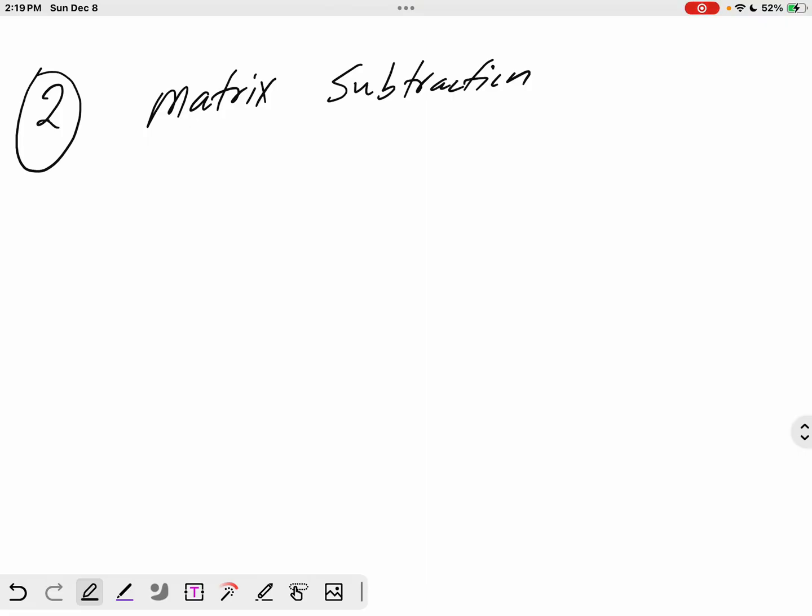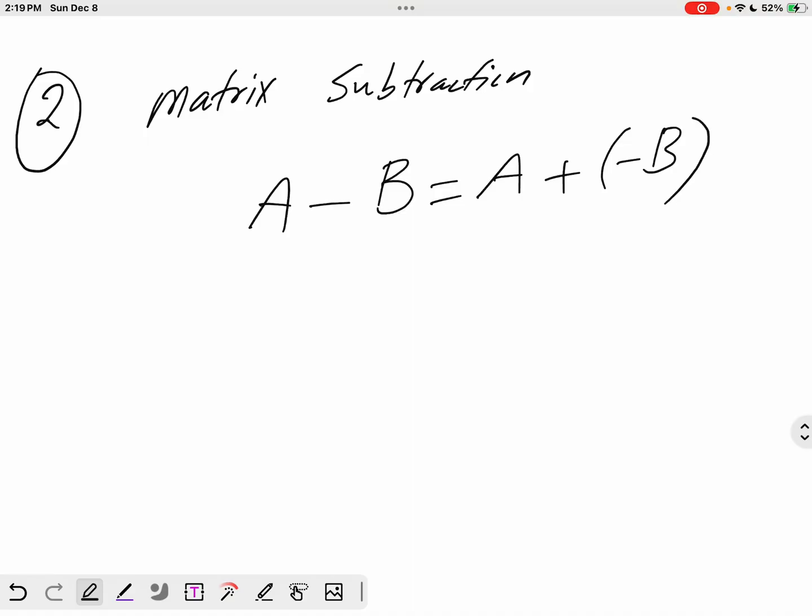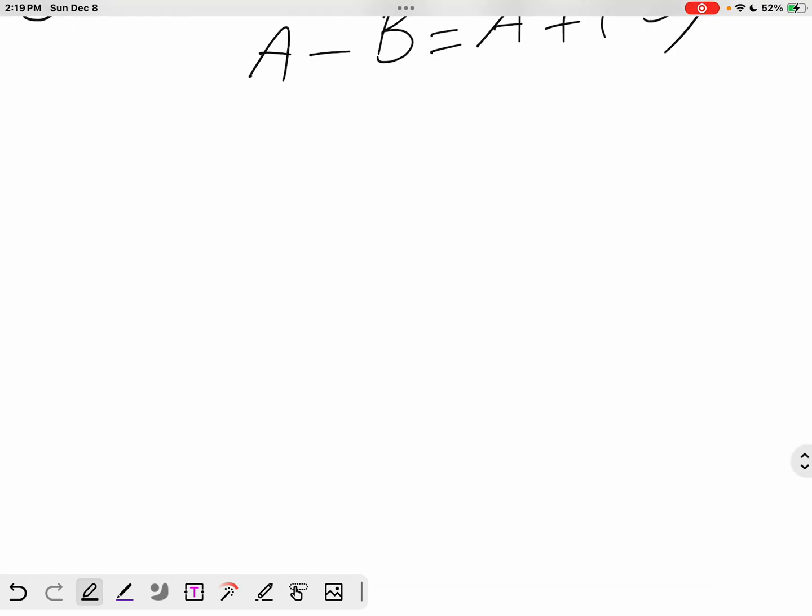When you add or subtract, they must have the same dimension, and subtraction is the same as adding the opposite. So remember the rule: A minus B is the same as A plus negative B. Now we're going to change the sign to the opposite.